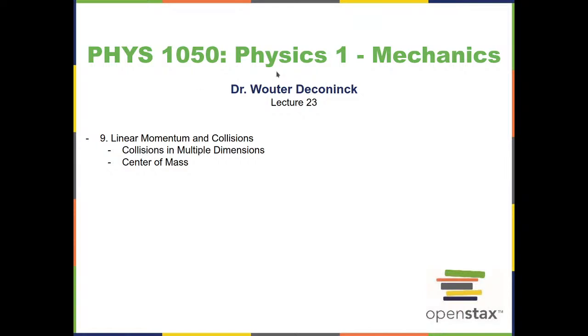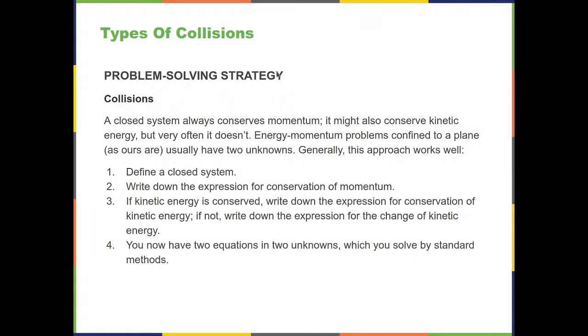So, we've talked about collisions and the strategy of solving the problems in one dimension. If a problem involves a closed system, linear momentum is conserved. That is our first equation. Then in step 3 we identify whether kinetic energy is conserved.